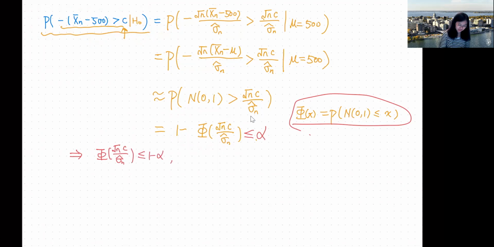Or in other words, root n c over sigma n hat being greater than or equal to z alpha, which remember is the z-score for the standard normal distribution, which is the 1 minus alpha quantile of the standard normal distribution. Or in other words, it is the inverse CDF of the standard normal distribution evaluated at 1 minus alpha.